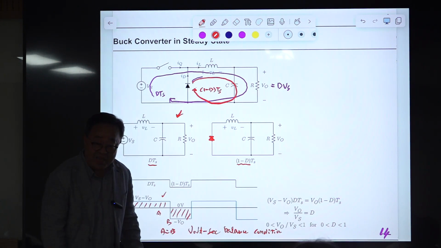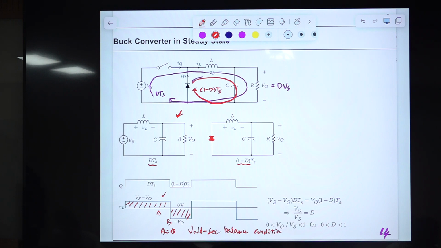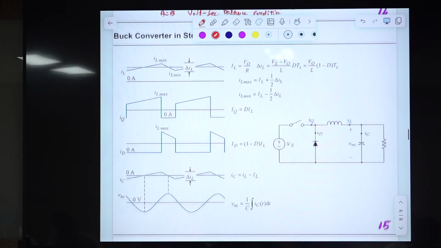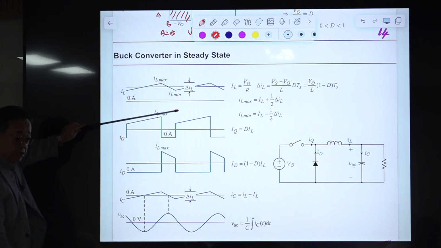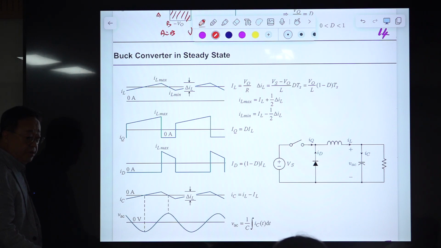So this is the buck converter. We are using piecewise linear analysis and the volt-second balance condition. Let me explain just this first one, and later on we will discuss the remaining part next week.